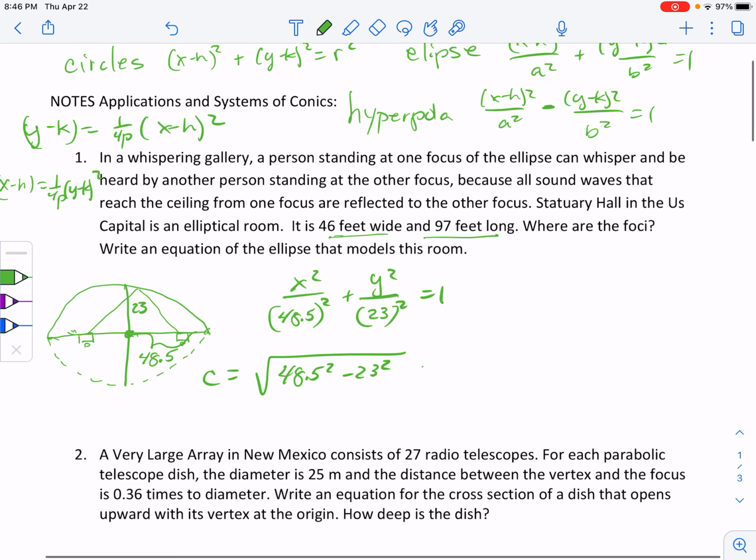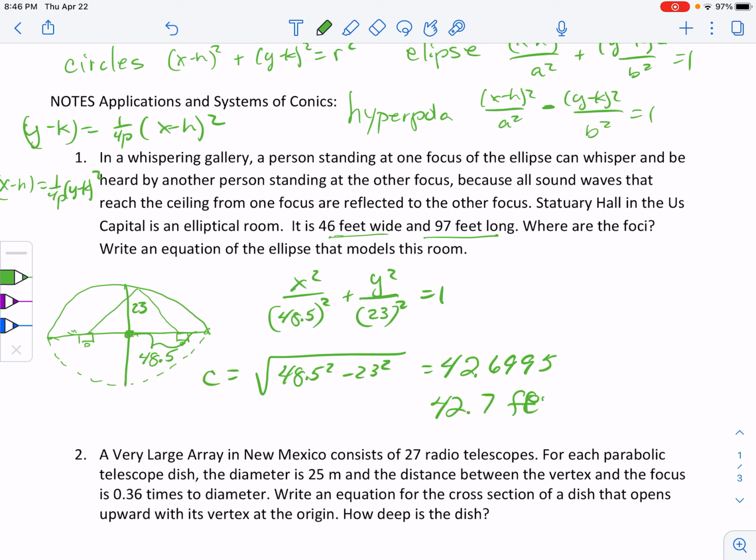I get 42.6995, so 42.7 feet from center. Or we could do 48.5 minus that, or it's 5 feet from this end.